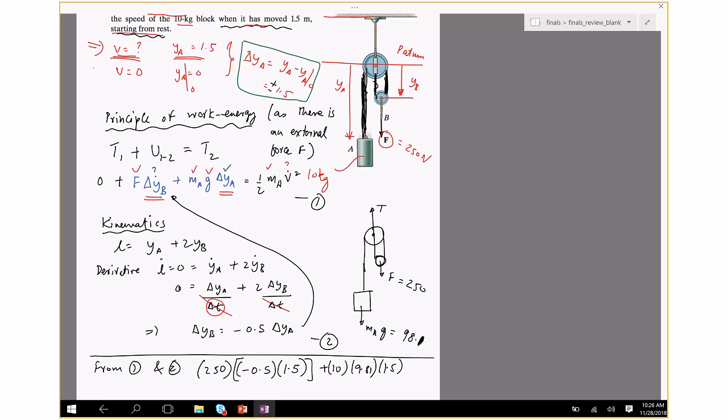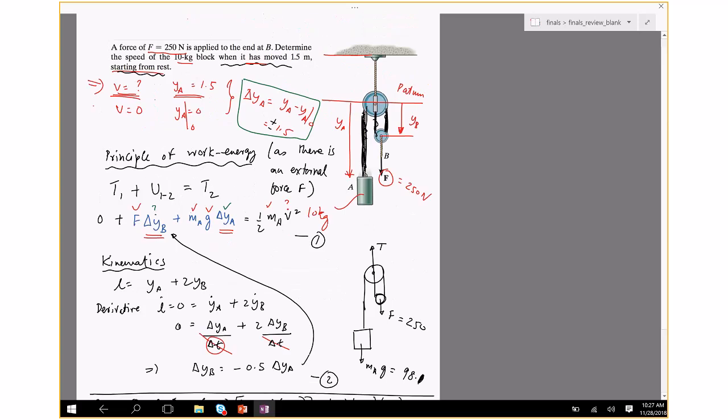So 2 times T1 is 196.2. So there's 196.2 pulling and there's 250 pulling down. Clearly 250 is more than 196. So F will move down, which means A would move up. And so that sign over there is negative because my convention is YA is positive downwards. If it moves up, it's going to be negative.